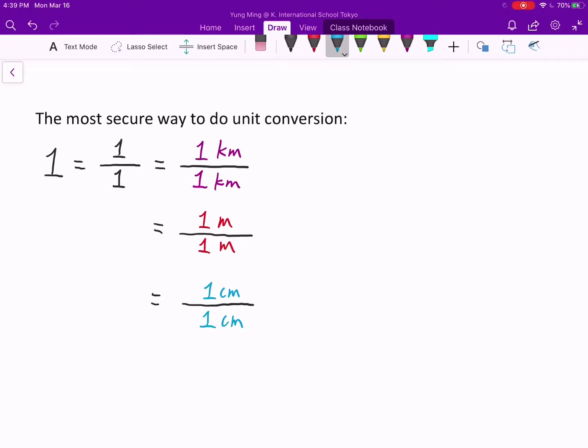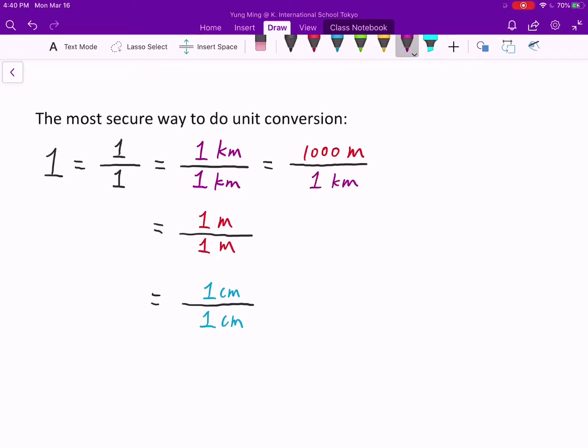Because they're all 1 over 1 anyway. But this 1 over 1 thing is going to be very powerful later on, because you can use your little intuition to help you do the conversion. In this case, if I have 1 kilometer, I know that 1 kilometer can be written as 1,000 meters, right? So 1 kilometer over 1 kilometer is actually equal to 1,000 meters over 1 kilometer.